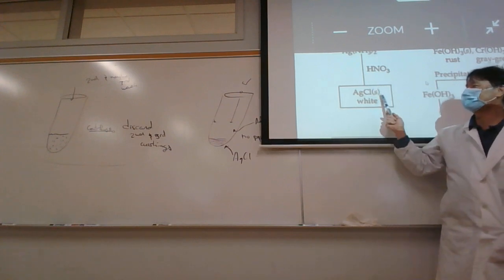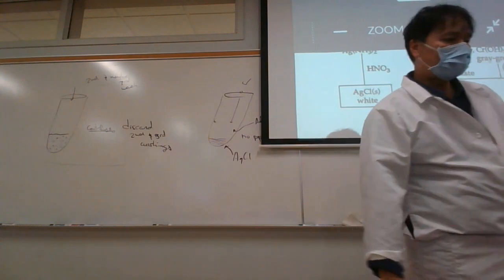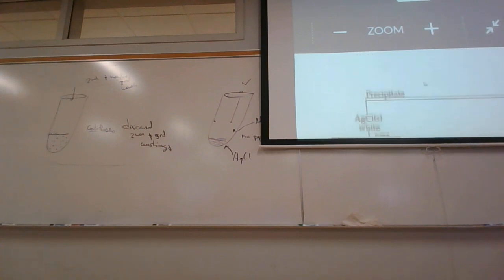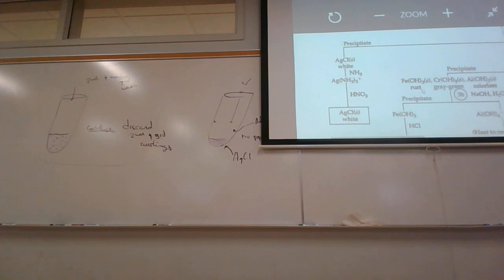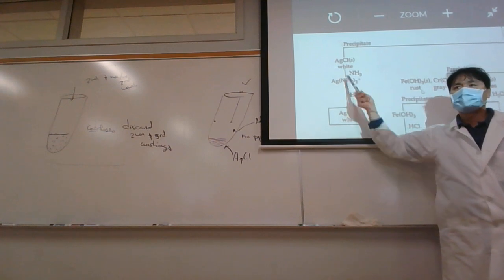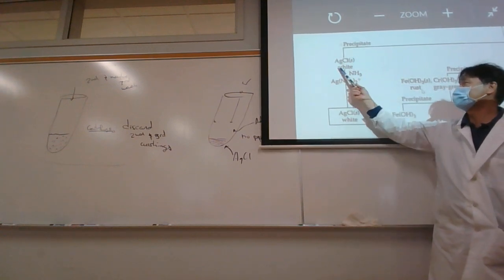Okay, now once we're here, then it's a positive test. Why did we have to do this extra? Why didn't we just stop here? A white precipitate should indicate that we have silver ion. The reason we didn't stop here is because other cations could precipitate with chloride.